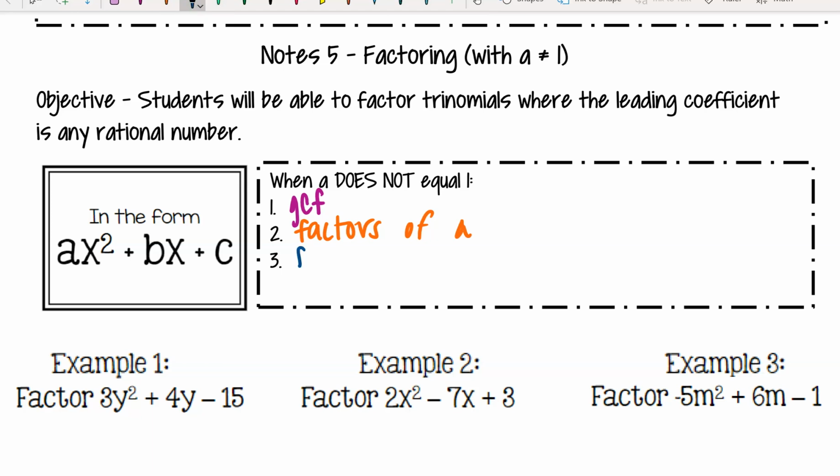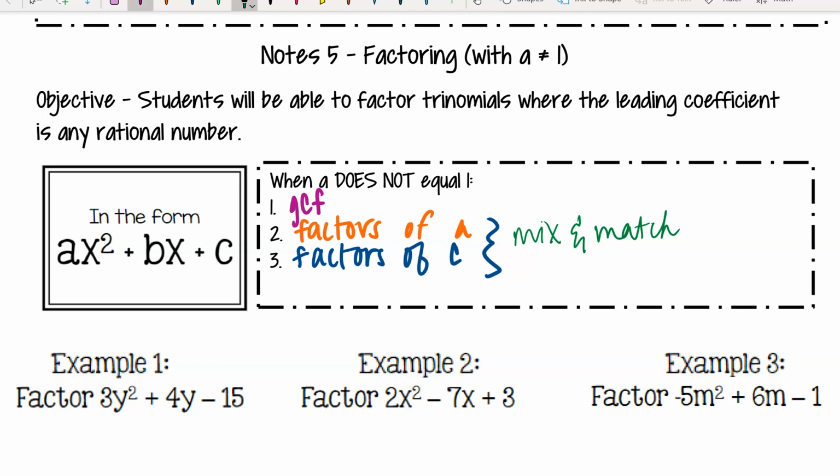And then you're going to take a look at factors of your coefficient c. And what we're really going to do with this information is essentially mix and match.